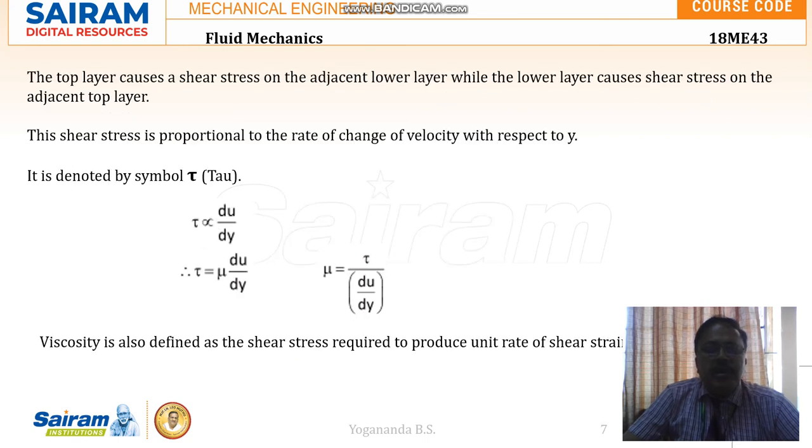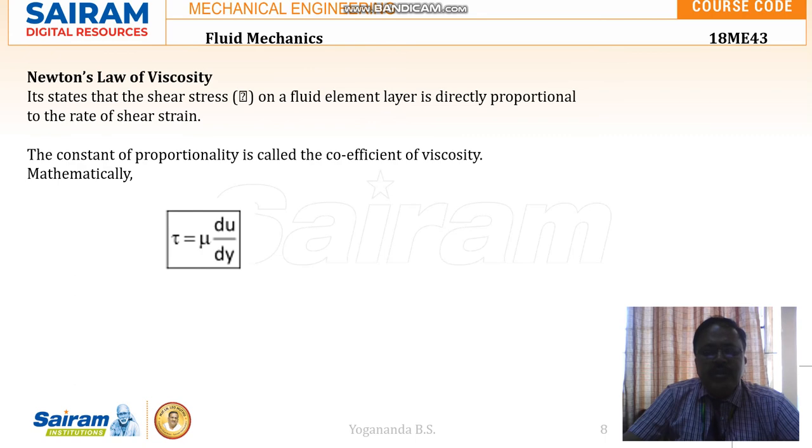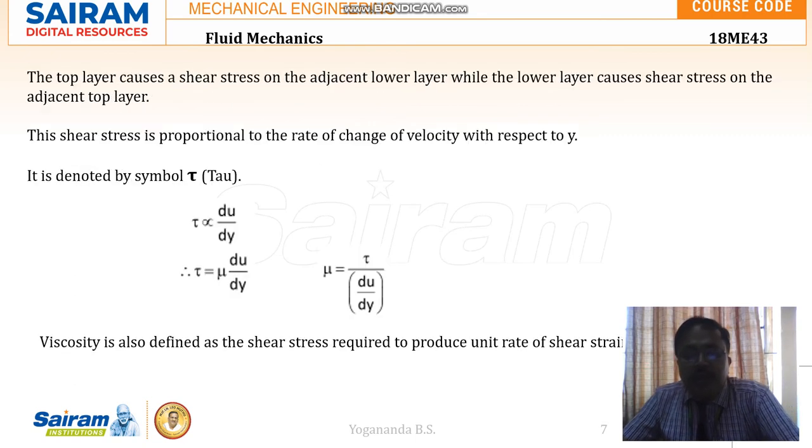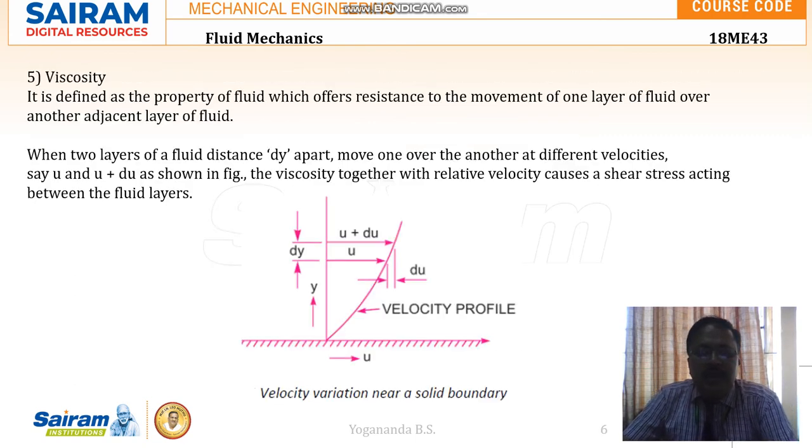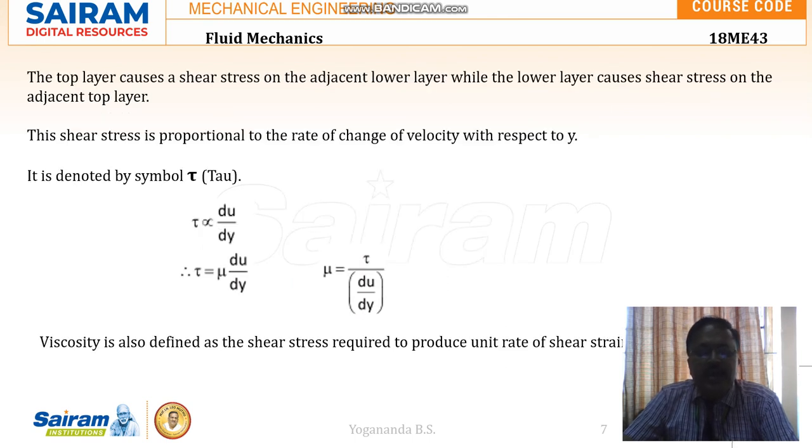Now the top layer will cause a shear stress on the adjacent lower layer. If you consider the top layer having the velocity u plus du, the next lower layer is at the velocity u. So here the shear stress will be created. The shear stress is proportional to the rate of change of velocity with respect to y.